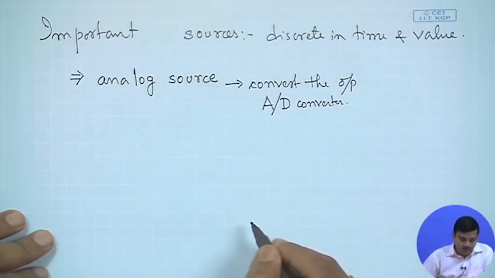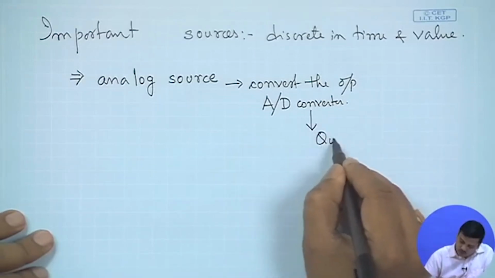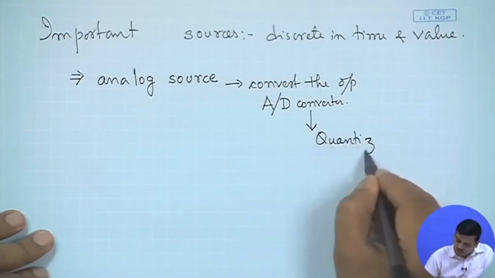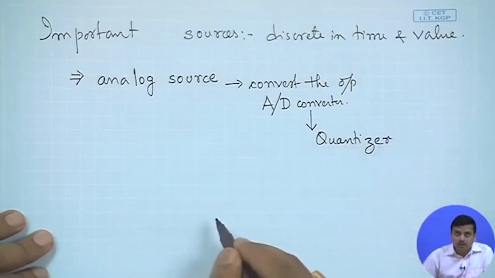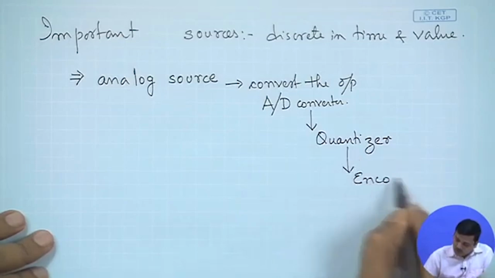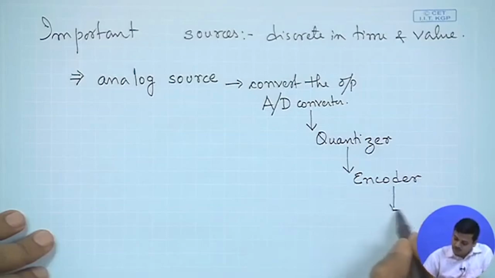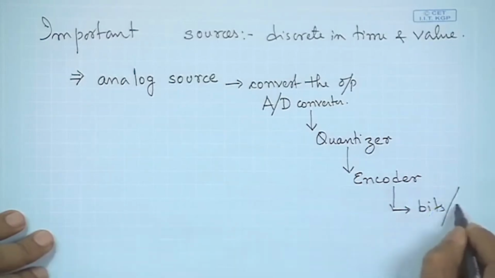So you have to send it to an analog to digital converter. This output has to go through a quantizer, and the quantizer output can further go into an encoder, which is going to generate bits, or it can also generate symbols.